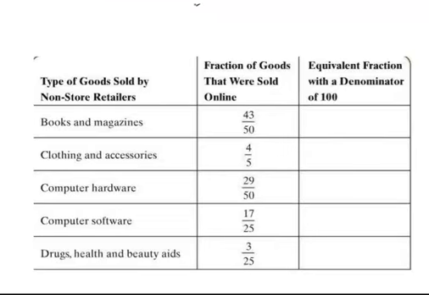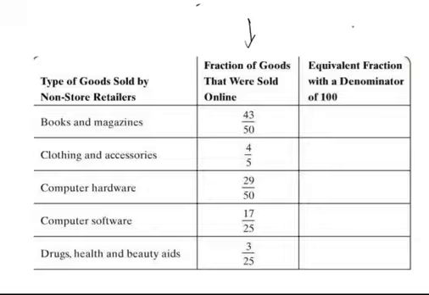All right, so for the next problem here, we have the types of goods sold by non-store retailers. So we have books and magazines, clothing, accessories, computer hardware, computer software, drugs, health, and beauty aids. And here it says this is the column that represents the fractions of the goods that were sold online. So we had 43 out of 50.